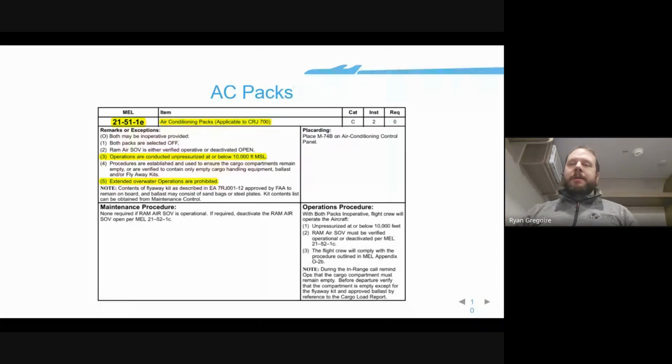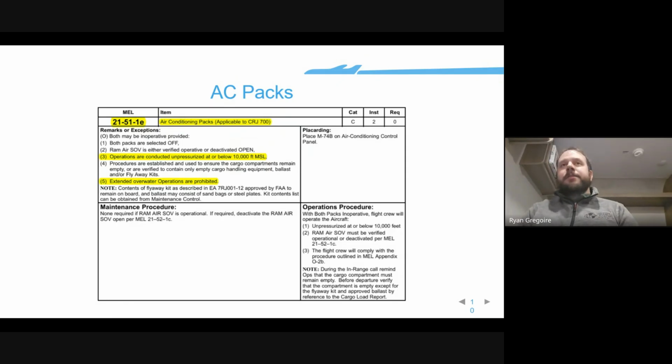Bleed air is a big one like that, that could have a few dozen different MELs that are all just for the bleed air system, because it depends on what part of the system is broken, where along the system is it broken, how badly is it broken, what's impacted, and how restrictive are we going to be.